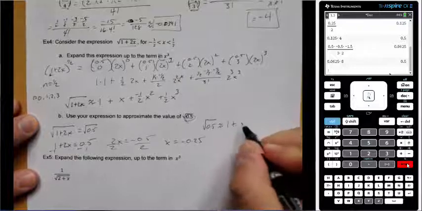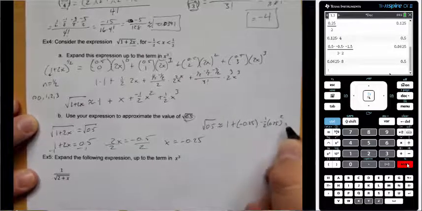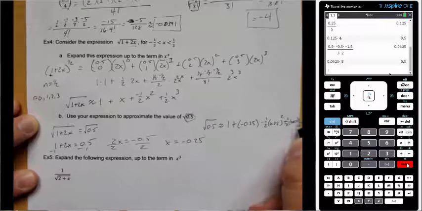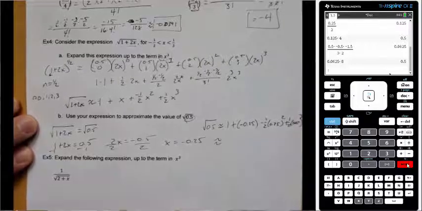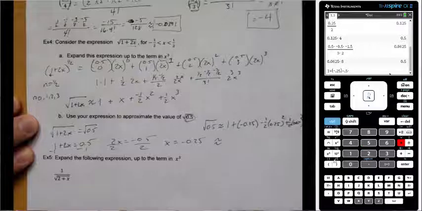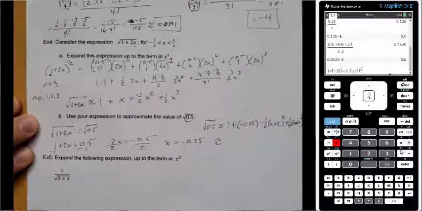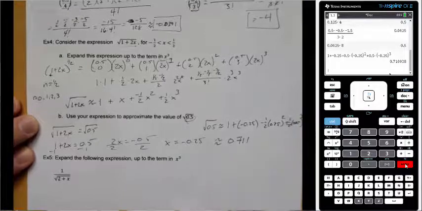So it's approximately 1 plus negative 0.25 minus 1/2 times negative 0.25 squared plus 1/2 times negative 0.25 to the third power, which is about 0.711 to 3 decimal places.